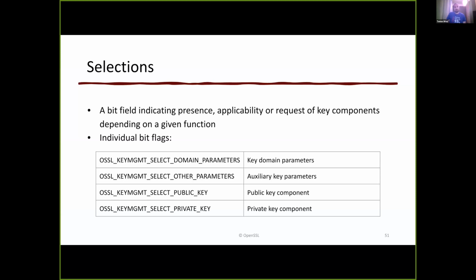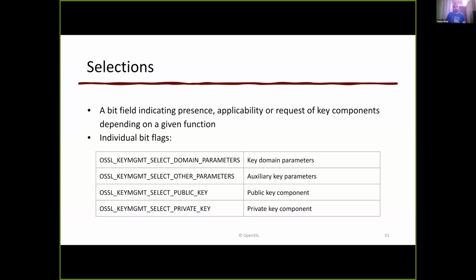In some functions it could have the meaning of "this selection is present," or in another function, it could be "apply this to this selection if possible," and so on. The individual bit flags are OSSL_KEYMGMT_SELECT_DOMAIN_PARAMETERS for the key domain parameters, such as the elliptic curve name for elliptic curves.